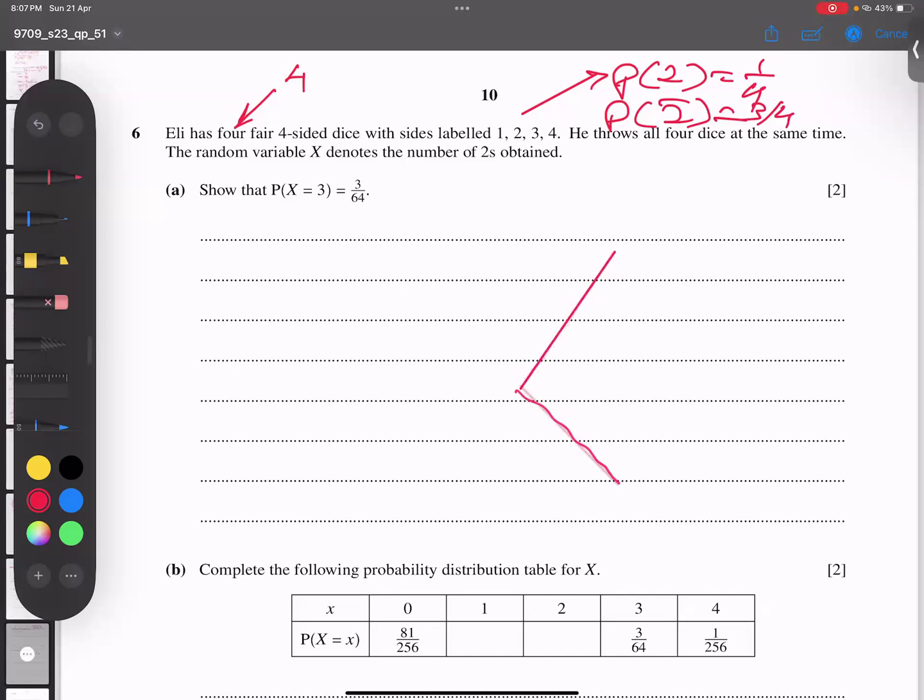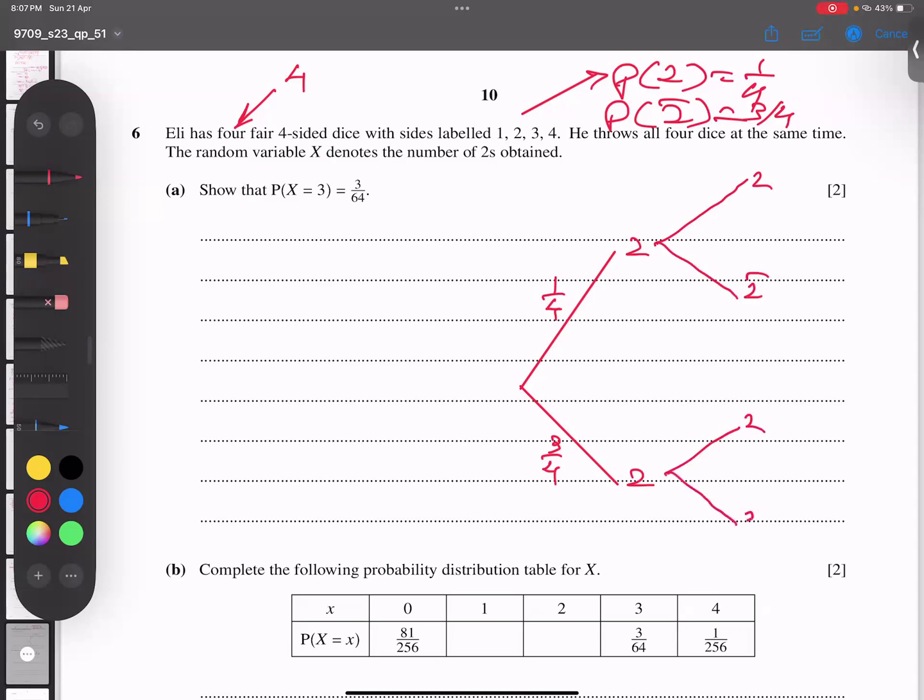Although this diagram is not important and there is no need to show it to the examiner for just 2 marks, I will use this diagram for the next part, even just for understanding. So I can do a short way and a long way. First I'm doing the long way. 2 and not 2 for the first dice, so 1/4 and 3/4. The second is 2 and not 2.